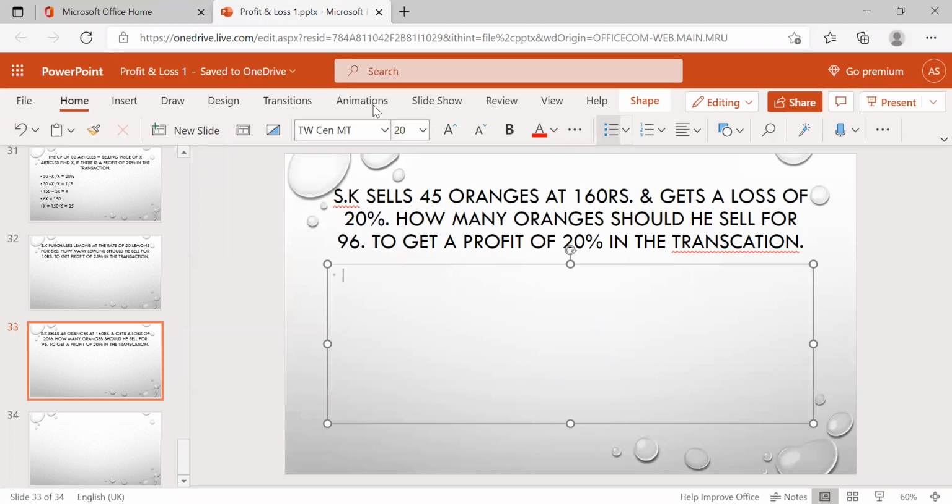We can solve this one by a very easy method by using the percentages. So 45 oranges equal to 160, and he's getting 80% of cost price.